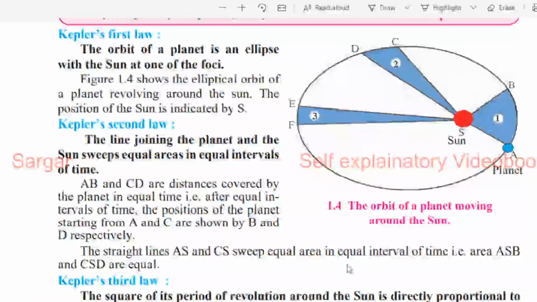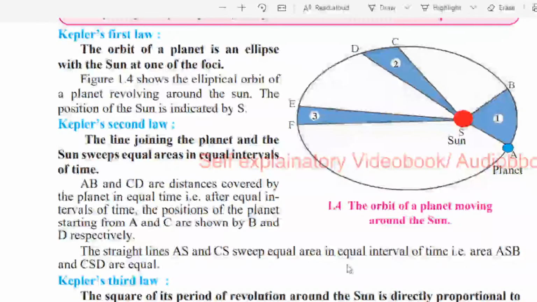AB and CD are the distances covered by the planet in equal time. That is, after equal intervals of time, the positions of the planet starting from A and C are shown by B and D respectively.